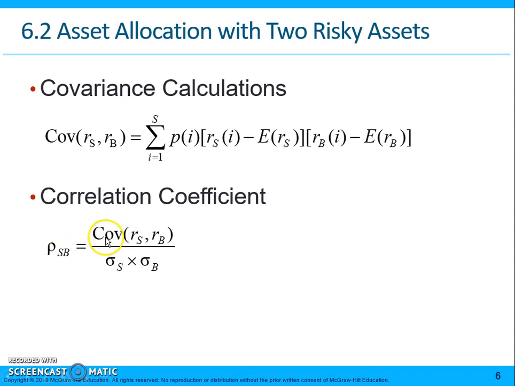It's the covariance of the return on stocks and return on bonds, which is what we calculated up here, divided by the standard deviation for stocks multiplied by the standard deviation for bonds. We can rearrange this equation, and if we have the correlation coefficient, we can calculate the covariance by multiplying it by the standard deviation for stocks and the standard deviation for bonds.